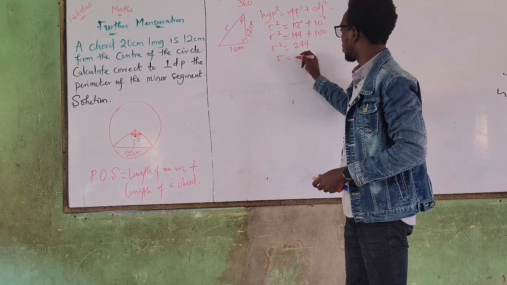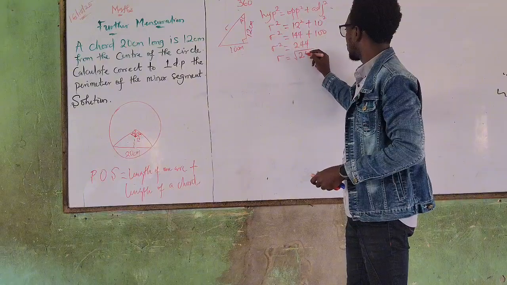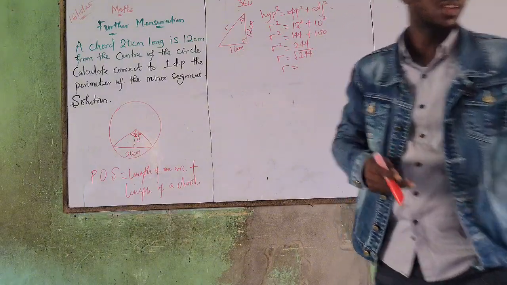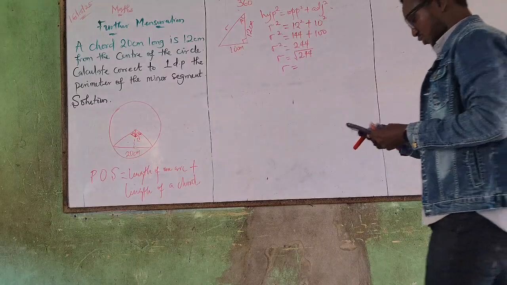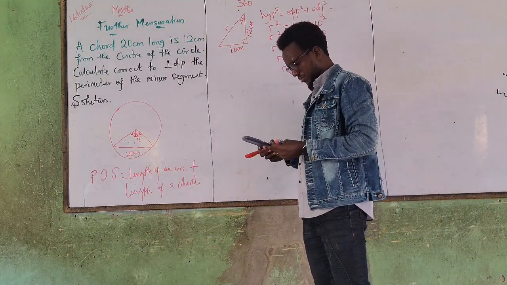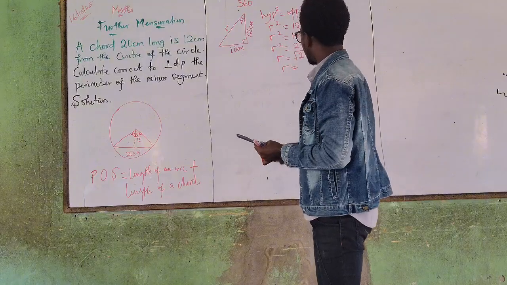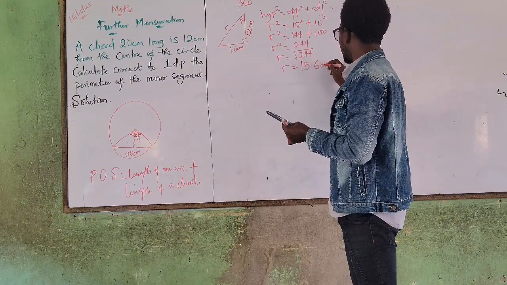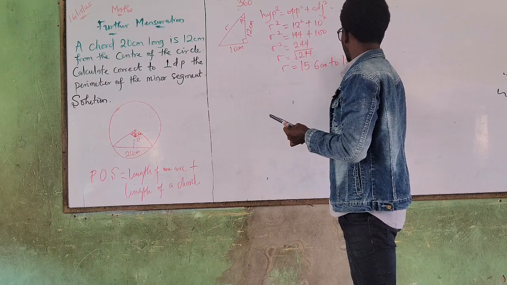We take the square root of both sides, and we have the square root of 244. This is going to give us 15.6 centimeter to 1 dp.